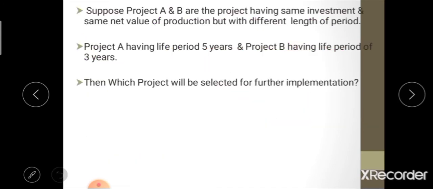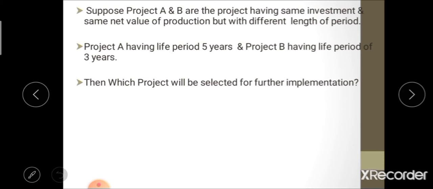For example, suppose project A and project B are the 2 projects, having the same investment and the same net value of production, but with a different length of period. Project A has a life period of 5 years while project B has a length of time of 3 years. Then which will be selected for further implementation?